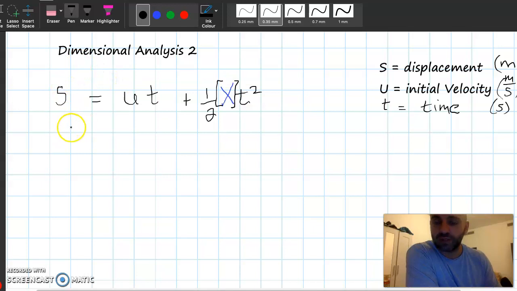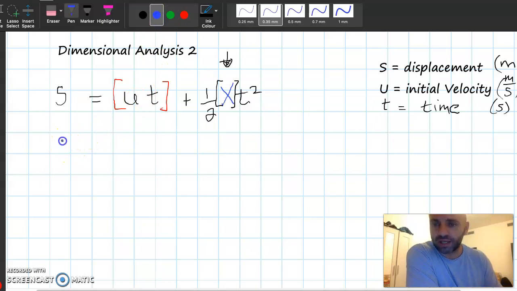So again, we do the same thing. I don't need to worry about this one at all because these ones are all known. But I do need to worry about this one because the x is unknown.